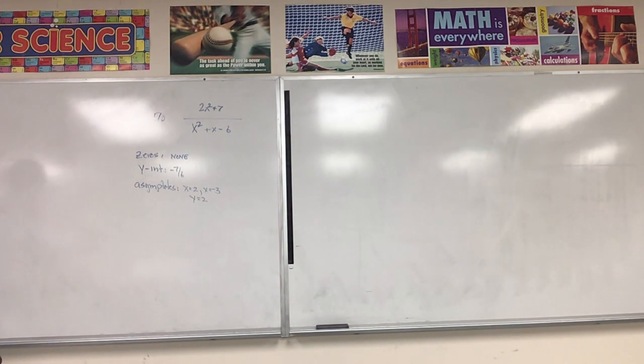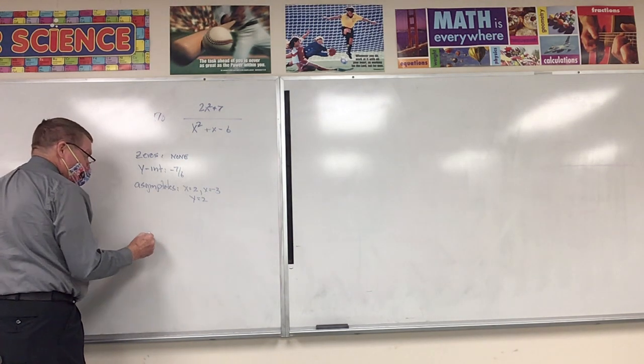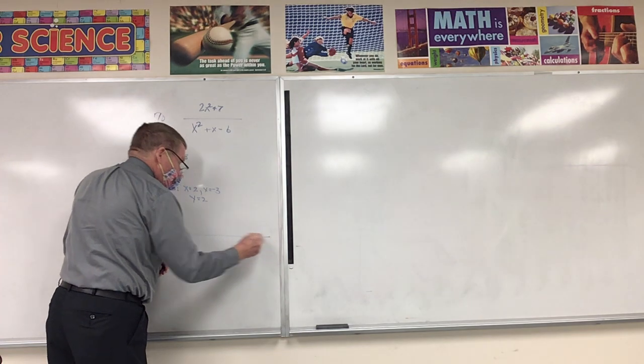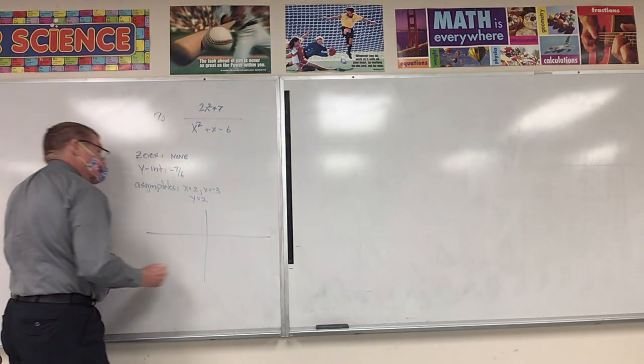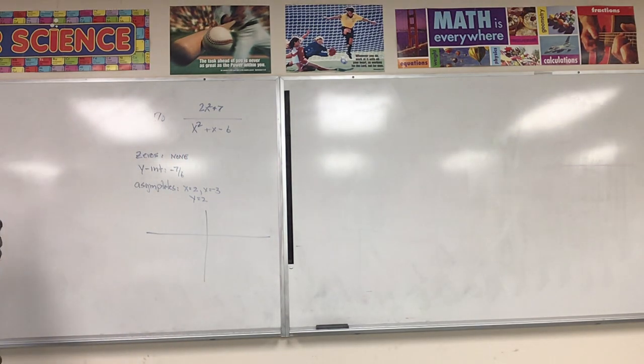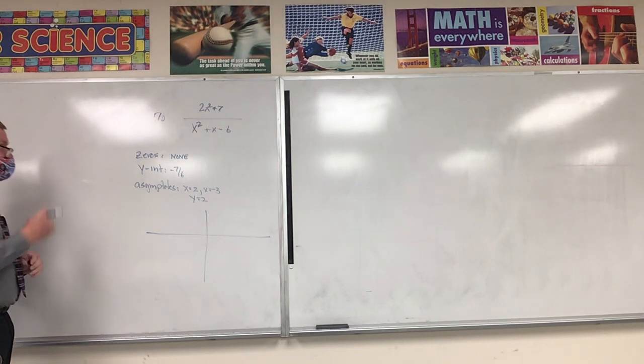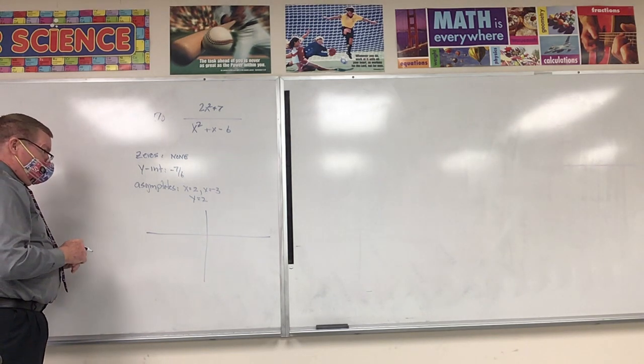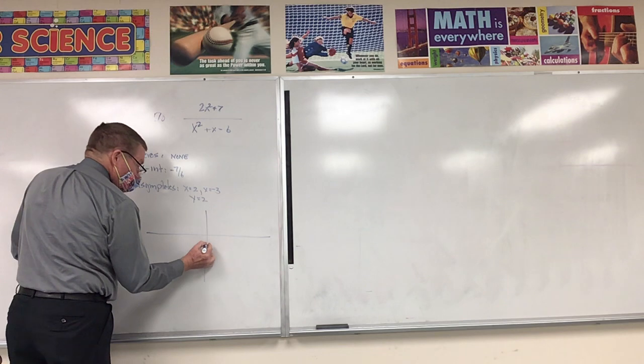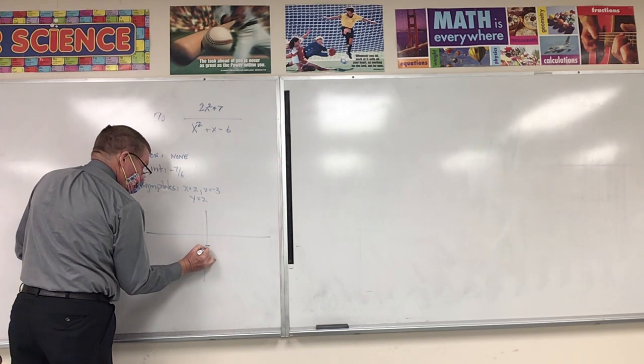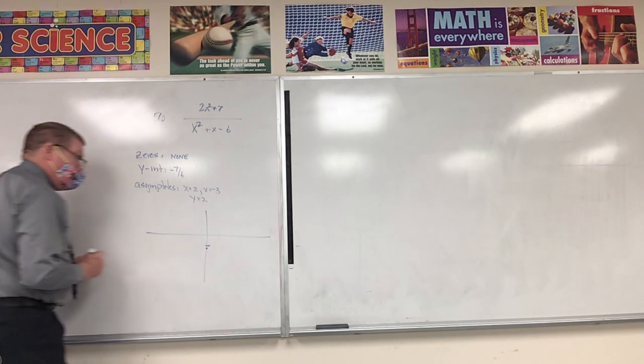Let's see, what else do we need? Anything else? Alright, so let's graph it. I know they didn't ask you to, but practice makes perfect. They did ask us to graph it. Okay. Alright, negative 7/6 is a little bit over 1. Everybody agree?